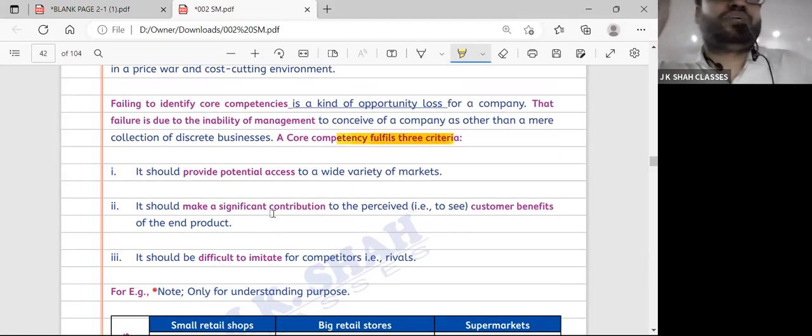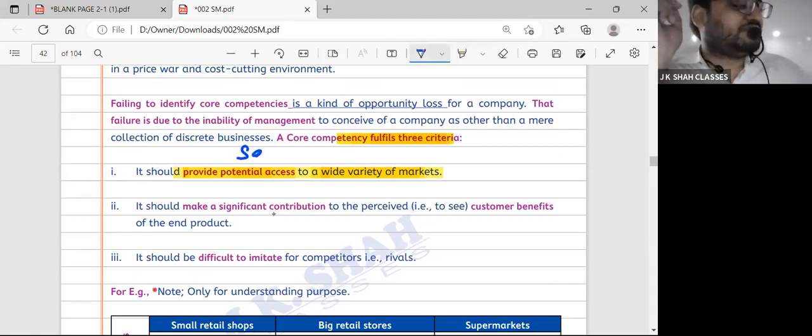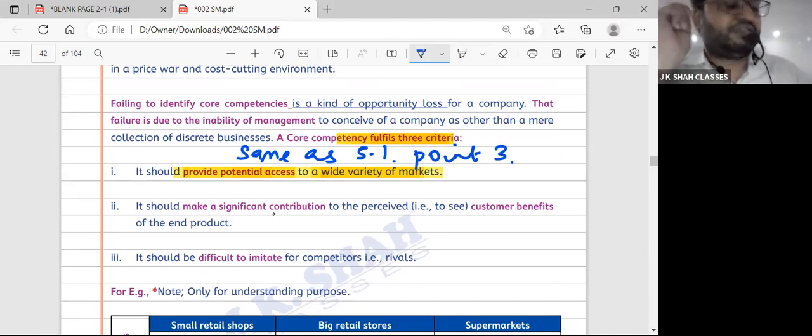Now you have to tell me which point is this. It should provide potential access to a wide variety of markets. Very good. This is application to other markets. Please give a cross reference. Same as 5.1.3. The explanation will be same. The explanation which you wrote there, you write here also. Now you tell me this.